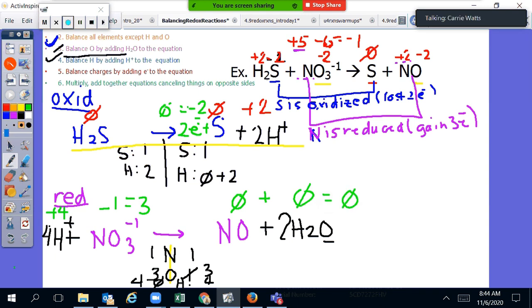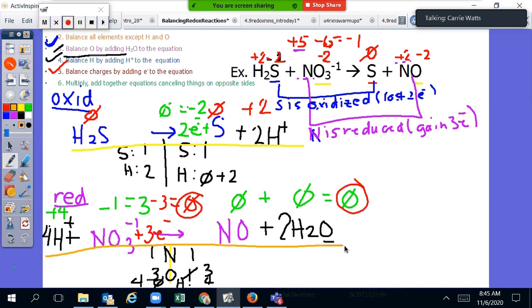We're only adding electrons, which are negative, so we're going to add 3 electrons to the left side, making the charges match. Now we've balanced the charges, and this half equation is done.